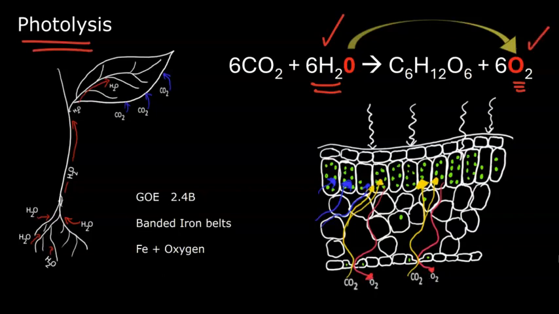The buildup of oxygen in the atmosphere as the evolution of photosynthesis occurred, so there were cyanobacteria and early plant groups were able to create high levels of oxygen in the atmosphere, and this is known as the Great Oxygen Event.